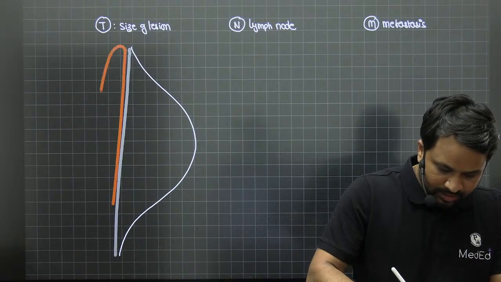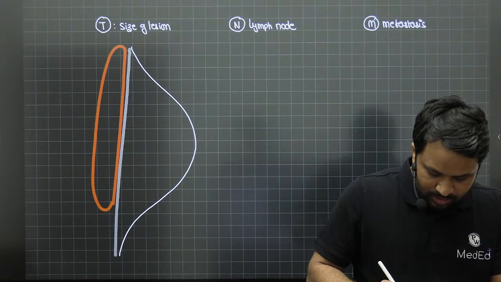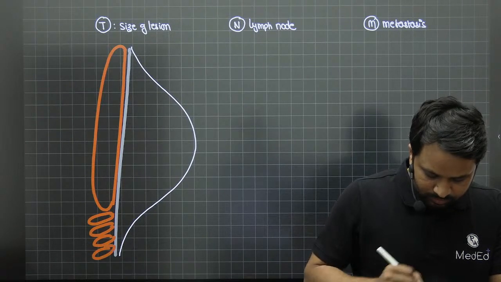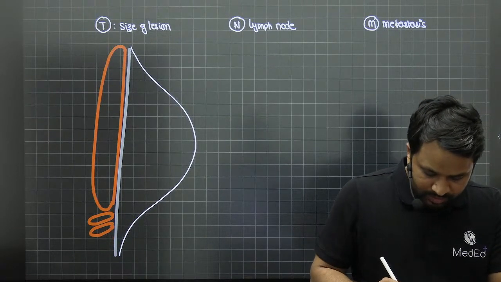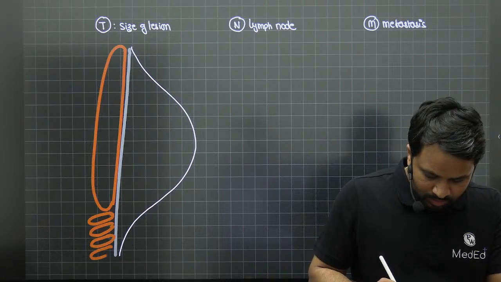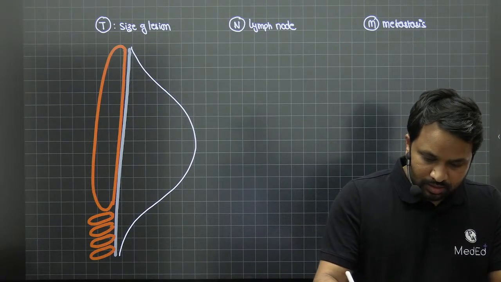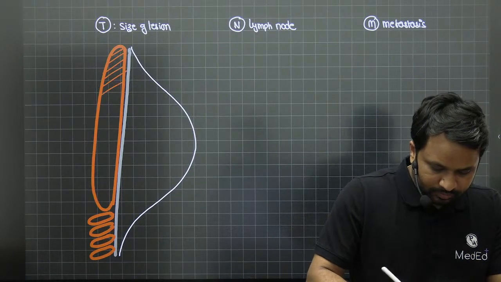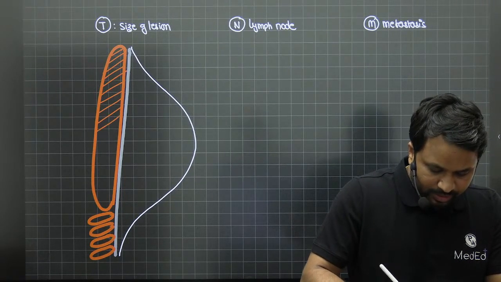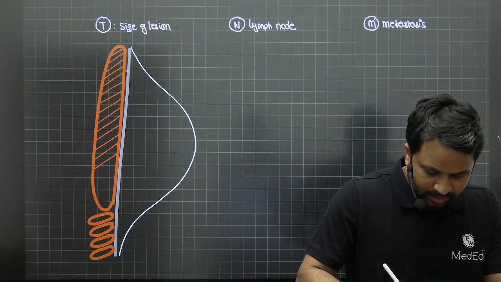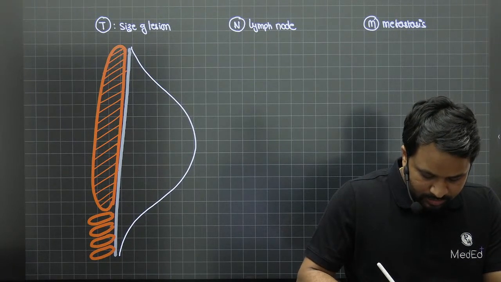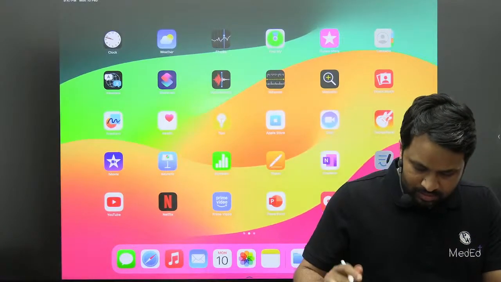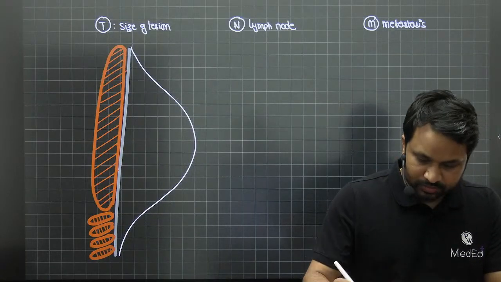Now below the pectoralis major muscle, you have the serratus anterior group of muscle.